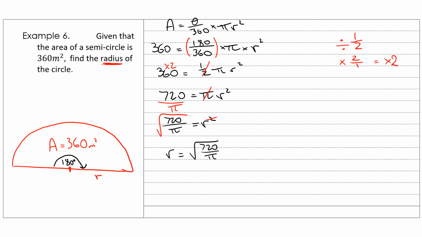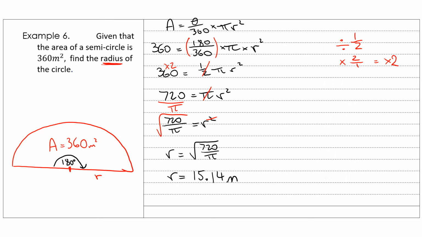Now that would be an exact form, but this one doesn't say that, so we're going to calculate an answer. So square root, fraction button straight away, 720 over pi equals 15.138, so we'll write 15.14 meters. That is our radius.